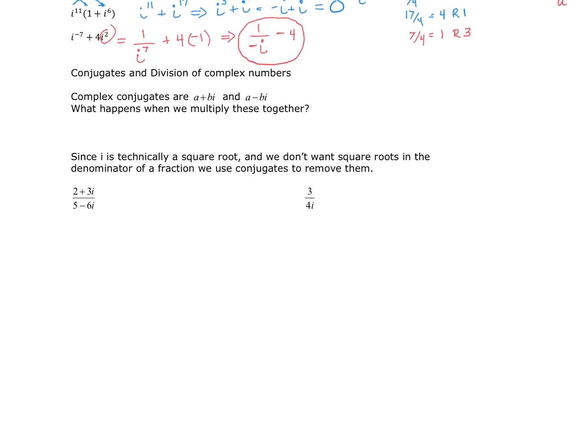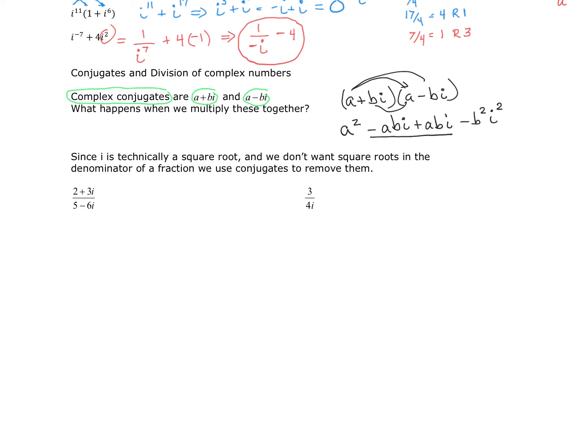Okay, so let's take a look at what's called a complex conjugate. A complex conjugate are the numbers a plus bi and a minus bi. And when we multiply those together, nice things happen. So if I FOIL this, you'll notice I get a squared minus abi plus abi, and then minus b squared i squared.